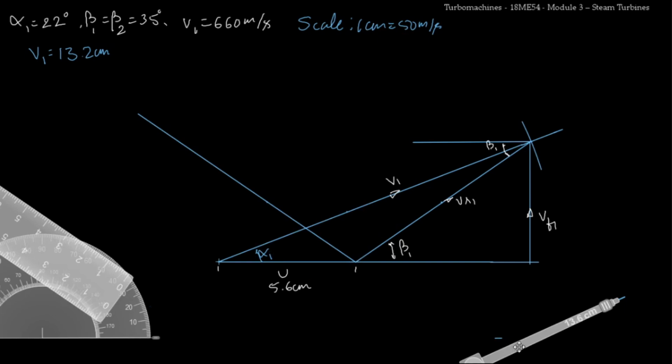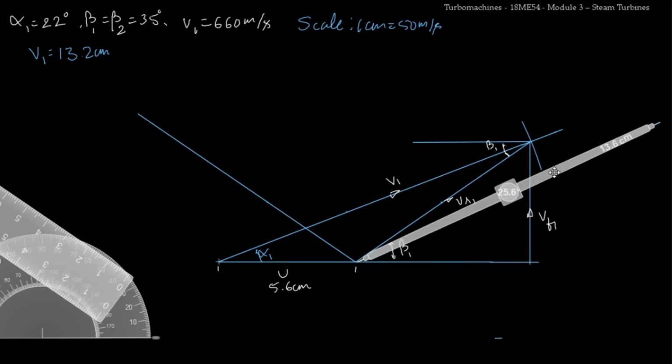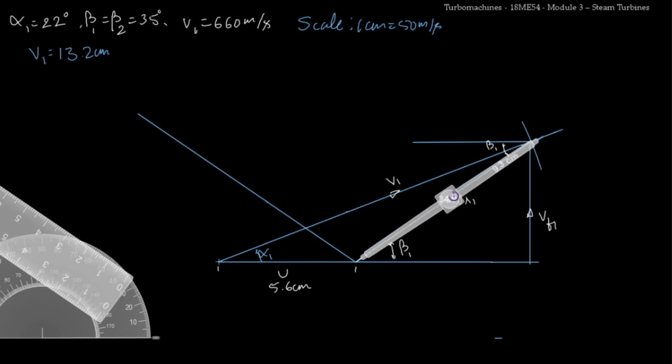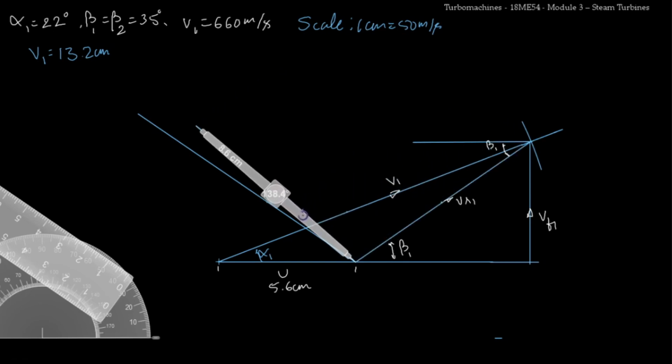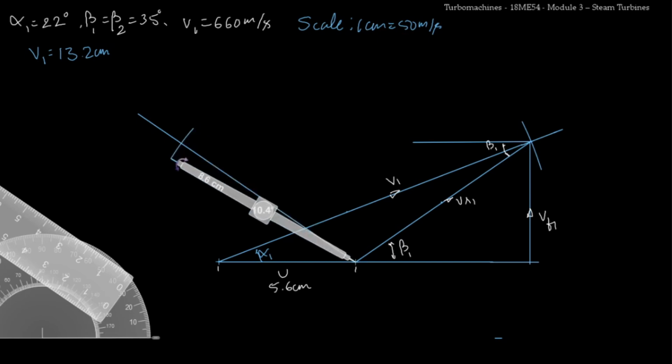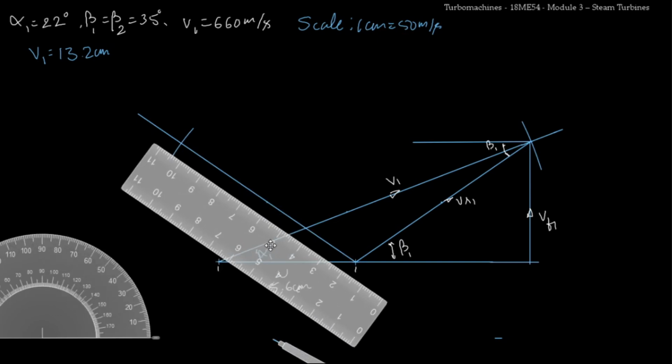I'll take the compass, I'll place it on this point. I'll measure this length, is 8.6 centimeter, and I'll cut an arc here. Now I'll take my scale.